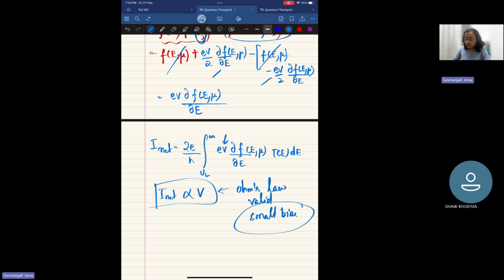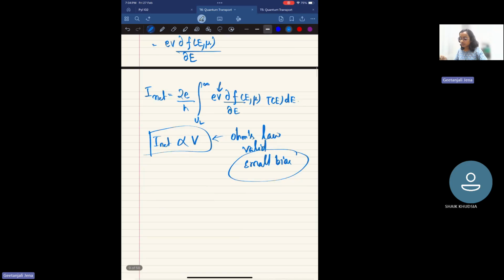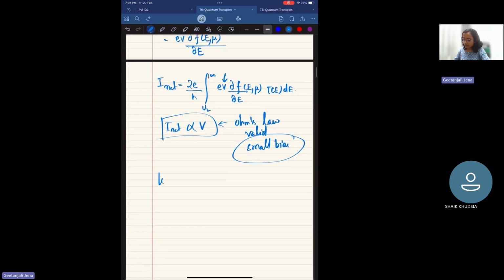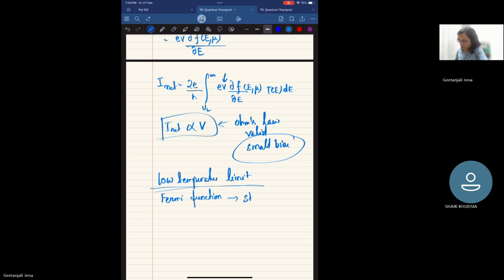Now for the second case, we have the low temperature limit. What happens when we have a low temperature limit? For this, we can see that the Fermi function would show a step-like function.